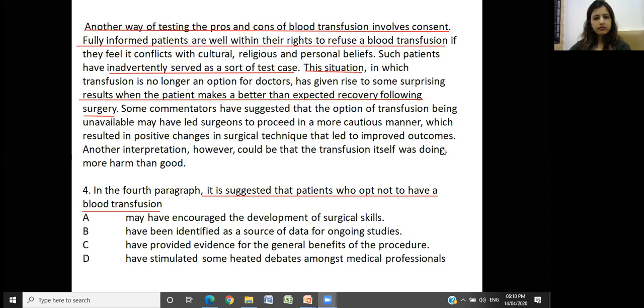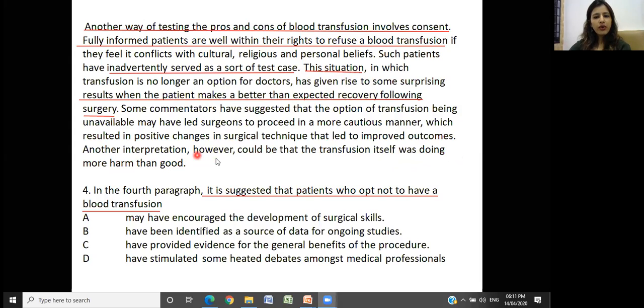Against? Yeah. Because here they have mentioned that in cases where the blood transfusion was not given, patients made a better recovery. And here also he says that the transfusion itself was doing more harm than good.